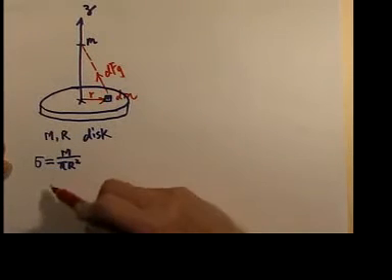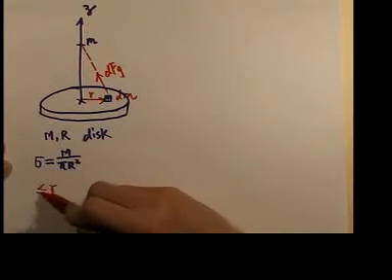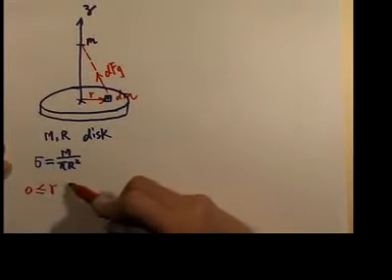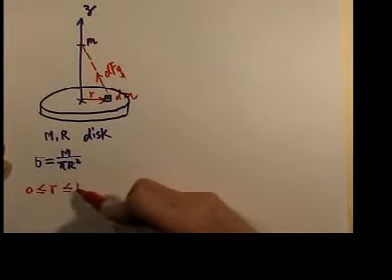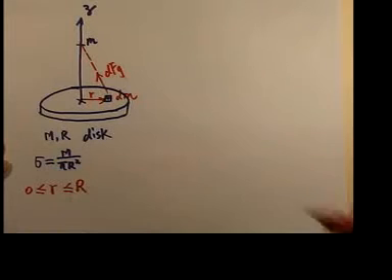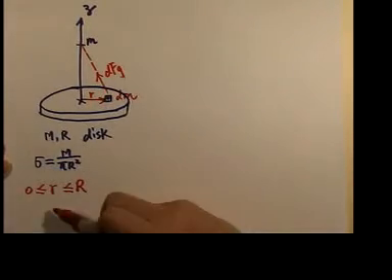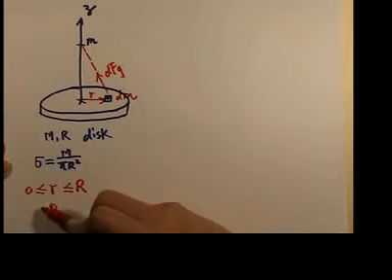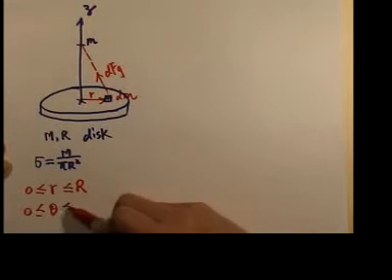The restriction for little r is more than or equal to 0, less than or equal to the radius of the disk. You can cut anywhere. And the angle, obviously, you can cut anywhere, so the restriction for the angle is more than or equal to 0, less than or equal to 2 pi.